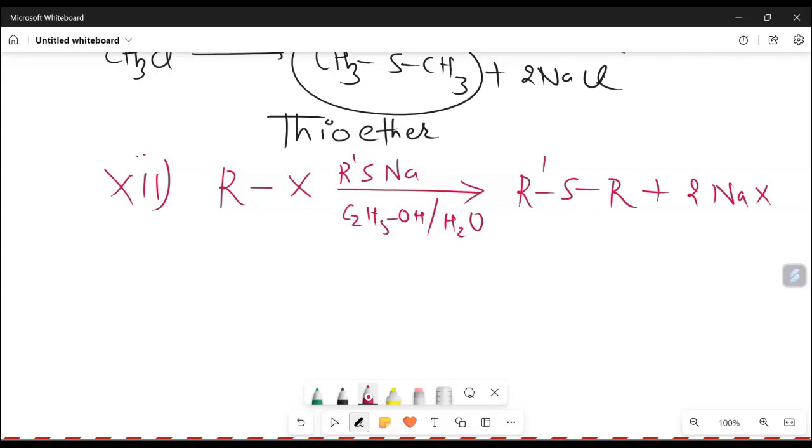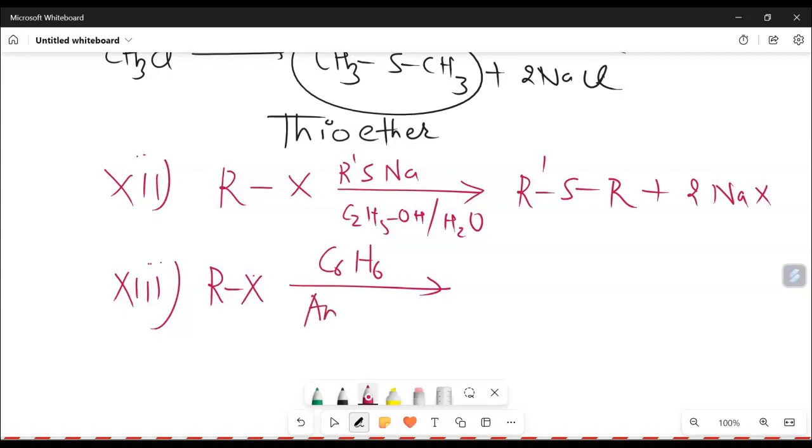And now we are going to talk about Friedel-Crafts reaction. This is reaction number 13, Friedel-Crafts. In this reaction, the R-X compound reacts with benzene, C6H6, in the presence of anhydrous AlCl3.